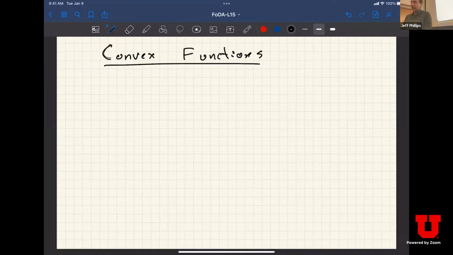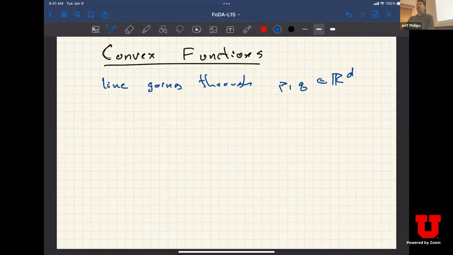All right, so I need to define what a convex function is. In order to do that, I'm going to start by thinking about how to define a line. I'm going to look at a special way to define a line going through P and Q in R^d.